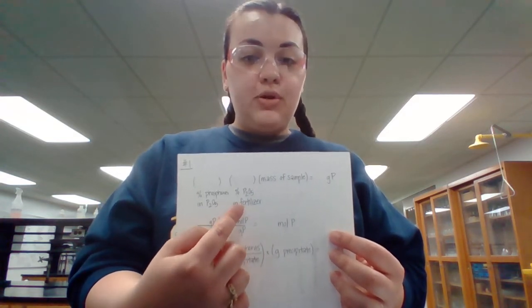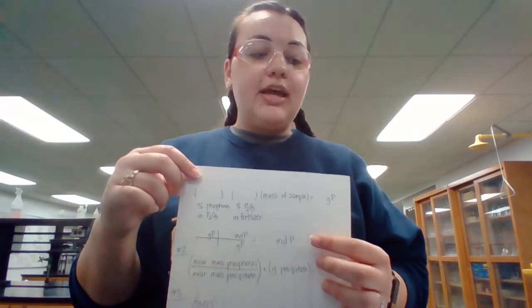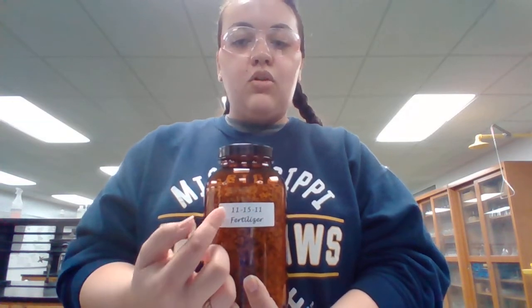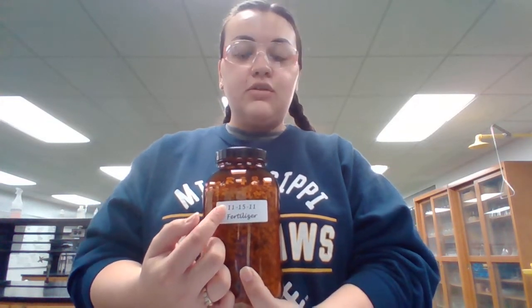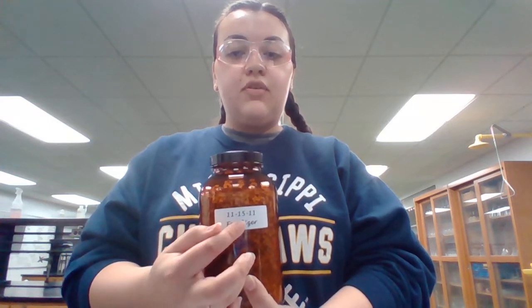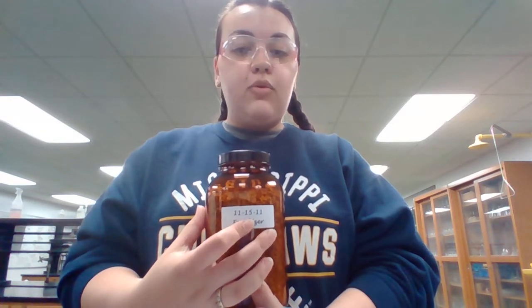We get that number from our rating. So if you remember the 3 numbers that we have in our rating, 11, 15, 11, well, in your theory, it tells you that the order of this is NPK, nitrogen, phosphorus, and potassium. So this middle number will be our percent.